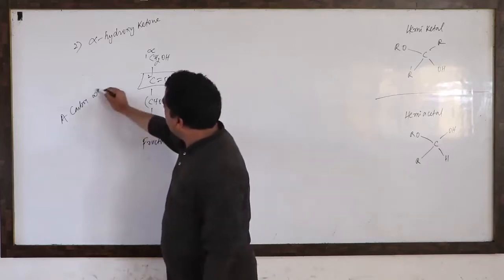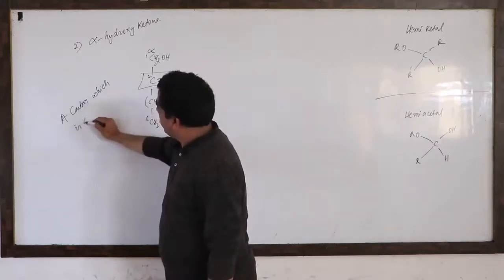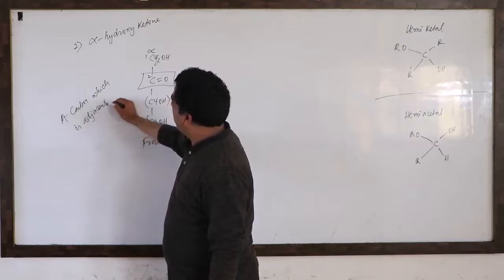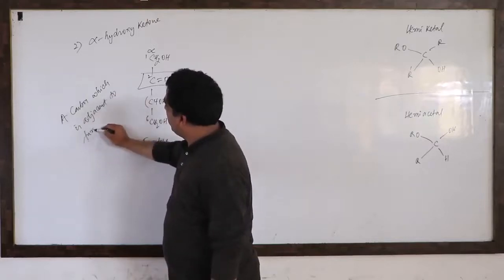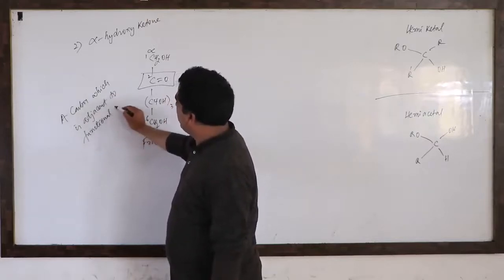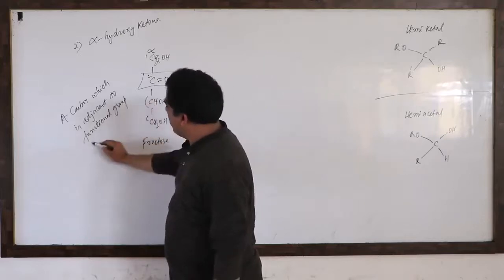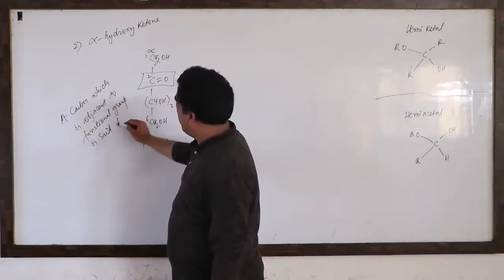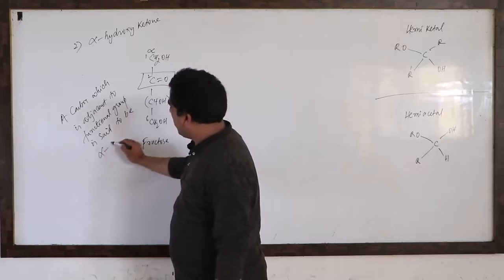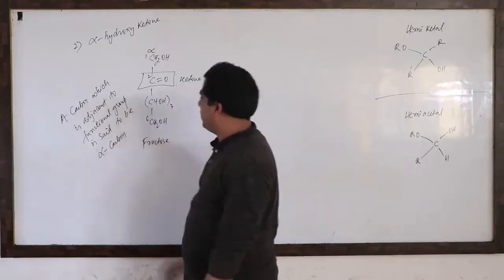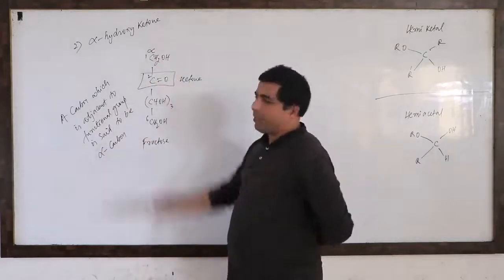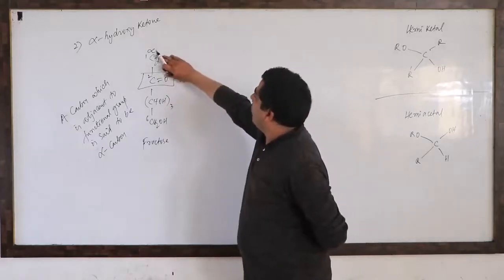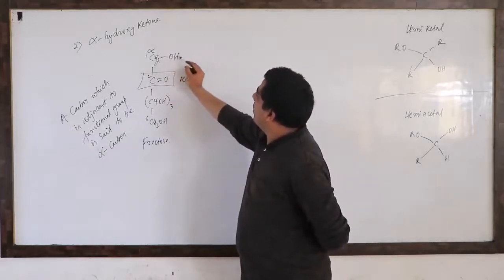A carbon which is adjacent to a functional group is said to be alpha carbon, correct? So this is our alpha carbon. What is present on the alpha carbon?